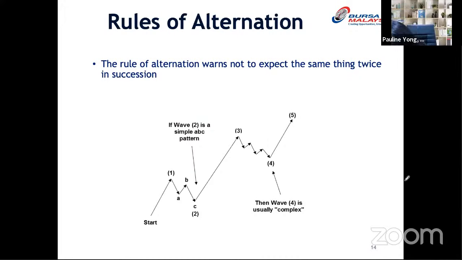Is it possible wave 5 extended to become wave 3? How to identify it? Or corrective wave C become A? So all these are possible. When you ask whether wave 5 can be extended, that is also possible. But when you see something like that, it means it is not very clear.